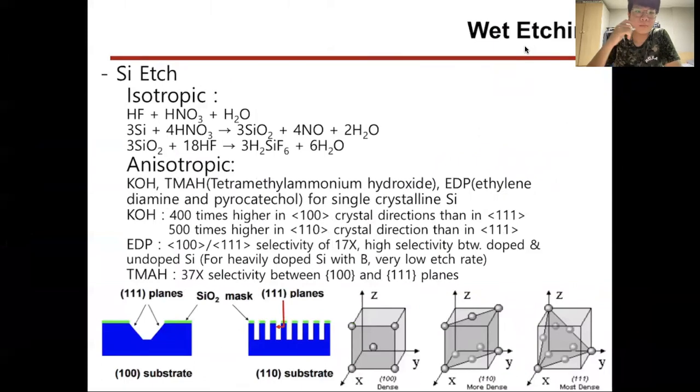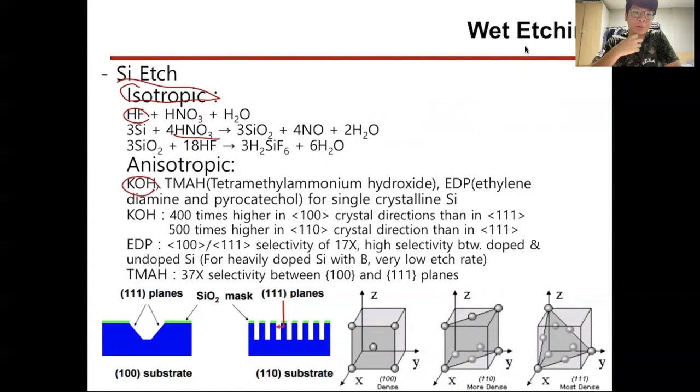So using hydrogen fluoride or nitric acid like here, those etchants etch isotropically. In wet etching, we can also have an anisotropic method, for example, like KOH or TMAH, like EDP.